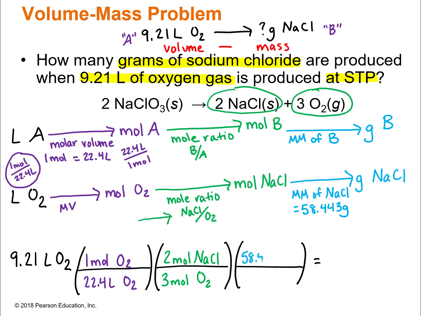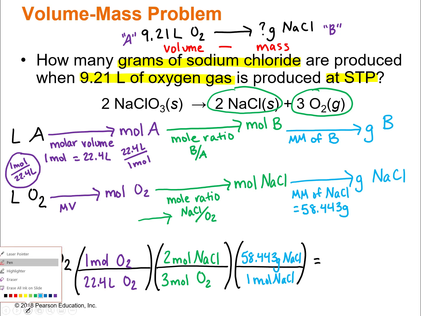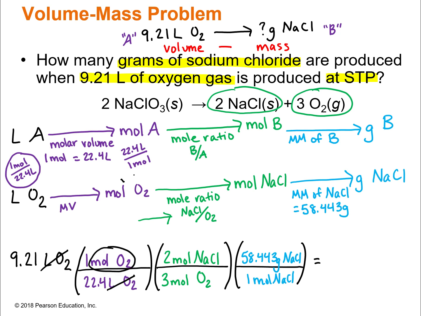We put the grams in the top, and 1 mole on the bottom. Convince yourself that you did it right by doing unit analysis. We get moles of oxygen, moles of sodium chloride, grams of sodium chloride.